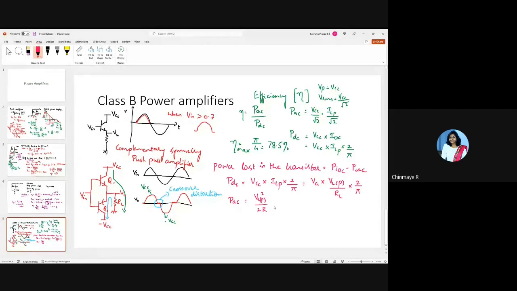So we know that PAC is equal to VRMS square by RL. So VRMS square is nothing but VL of P square divided by 2. Clear, right? This is clear, right? How I wrote this?